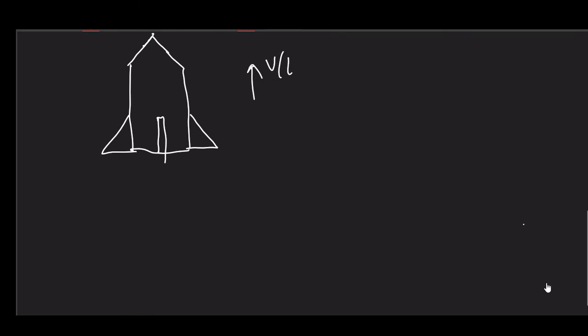Here the particle velocity direction is v. The rocket is subjected to variable mass m of t, because it is going to release some of its propellant to generate thrust. The height of the rocket is h(t) from the ground.